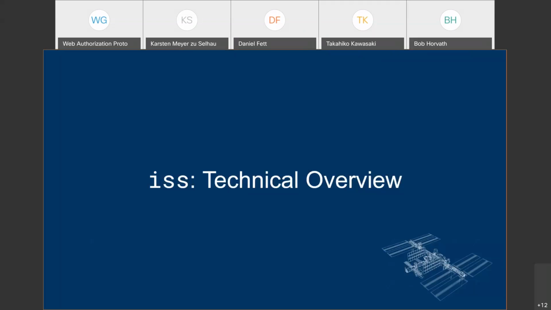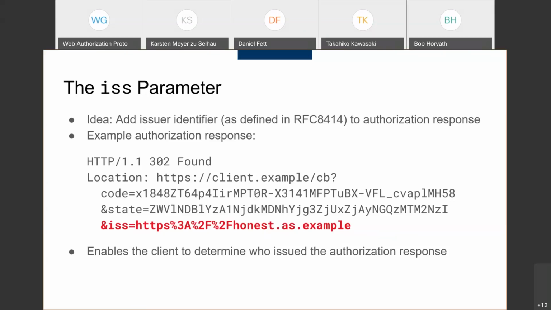Yes, what are we actually specifying in our draft? First of all, obviously the ISS parameter, and this parameter contains the issuer identifier as it is specified in AS metadata RFC 8414, and adds it to the authorization response. Here you can see an example.